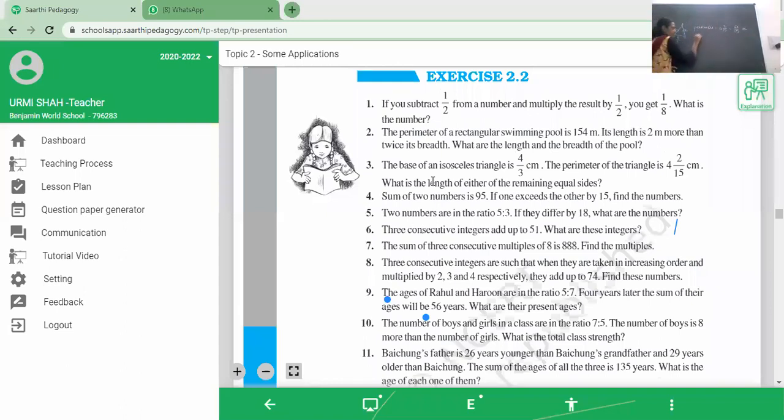Let the equal side be x meter. x plus x plus b, all the sides, sum of all sides is equal to the perimeter. So x plus x plus 4/3 is equal to 62/15. Understood this much?